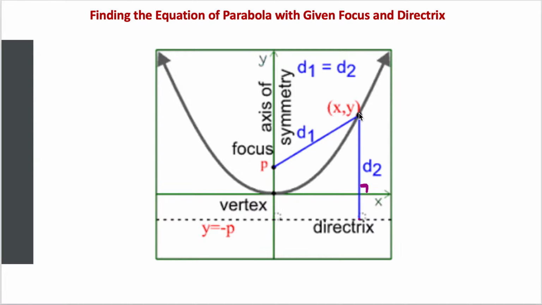Now, if we take a point, any point (x, y) on the graph, and then from this point take the perpendicular to the directrix, the distance from the focus to the point and the distance up to the directrix are equal to each other.